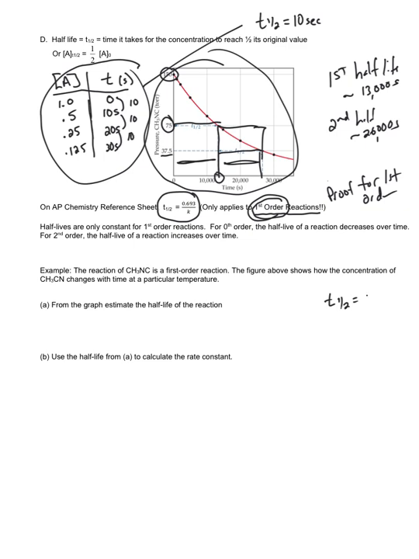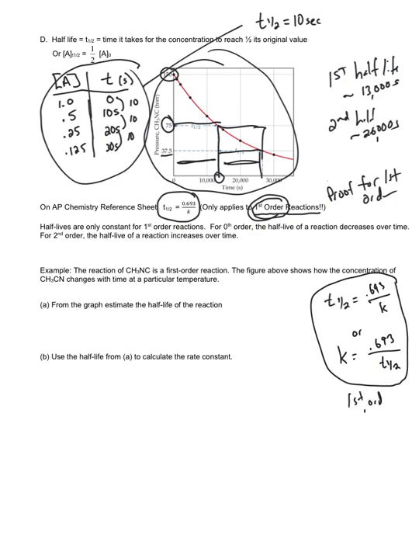If we take 0.693, which is really the natural log of 2, if we divide that by the rate constant, that gives me the half-life. Or, if I know the half-life, if I take 0.693 divided by the half-life, that gives me the rate constant. And again, I can only use this equation if it's first order. If it is not first order, I can't use this equation.